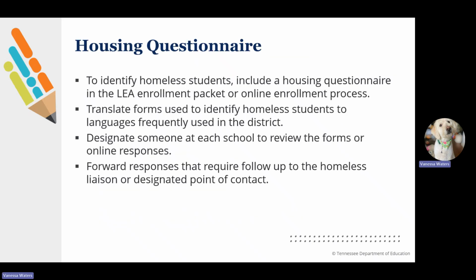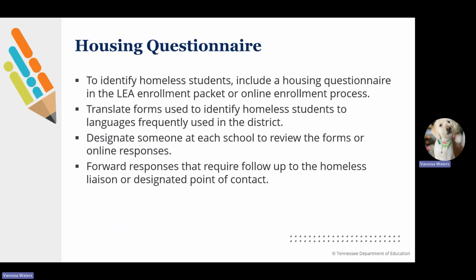As a best practice, LEAs should use a housing questionnaire to help identify students experiencing homelessness, including a housing or nighttime residency questionnaire in the LEA's enrollment packet to screen for possible McKinney-Vento eligibility, translating forms used to identify homeless students to languages frequently used in the district, and designating someone at each school to review the forms or online responses.